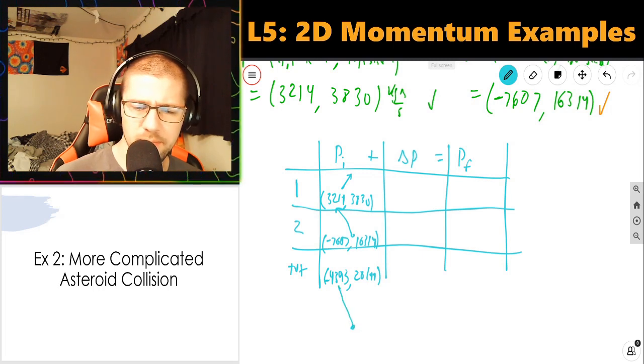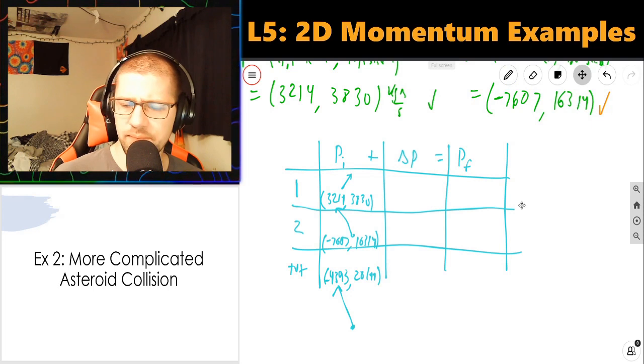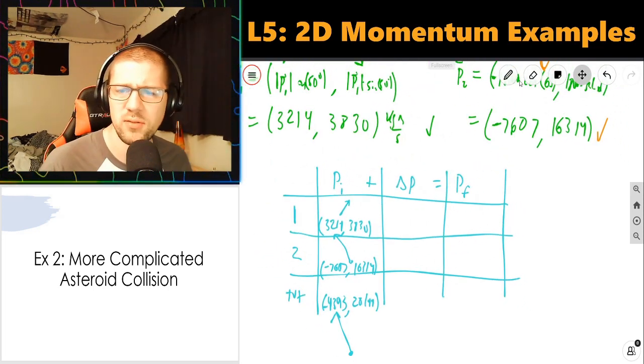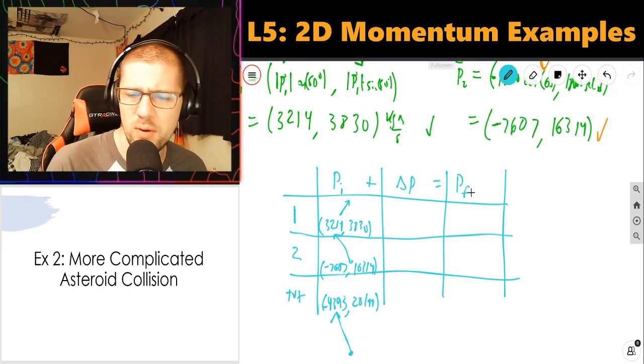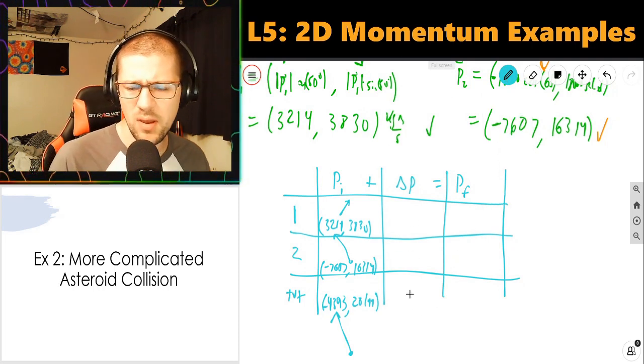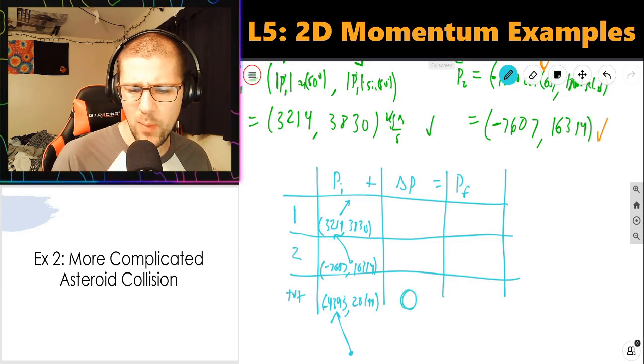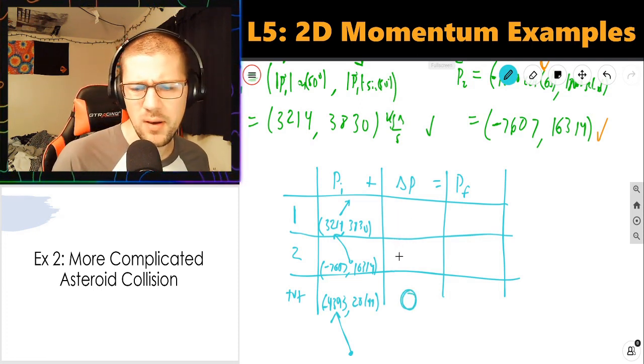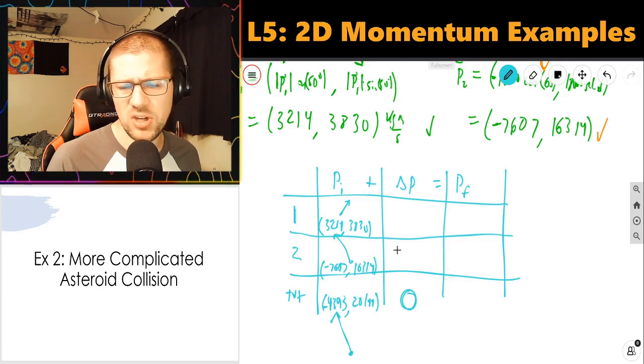Something like that. Okay. Now, I can think about the fact that this is a closed system. There's no external forces acting on the system. For that reason, there's going to be no change in momentum in the total. However, the individual elements of the system, the subsystem components, are allowed to change momentum.